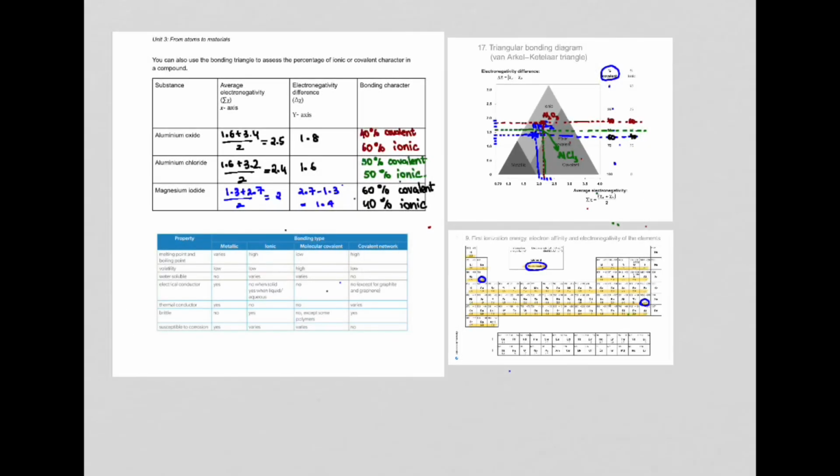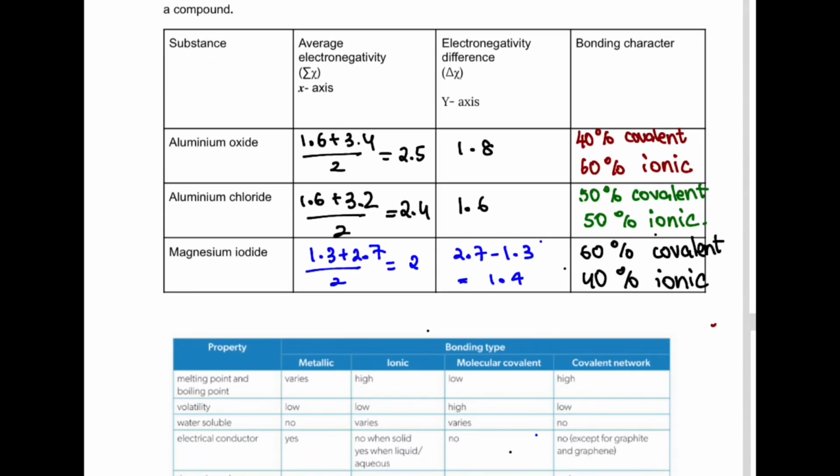Now from this, we see that aluminum chloride here exhibits both ionic and covalent character. Aluminum chloride has an unusually low melting point, even though it appears in the same region as magnesium iodide.